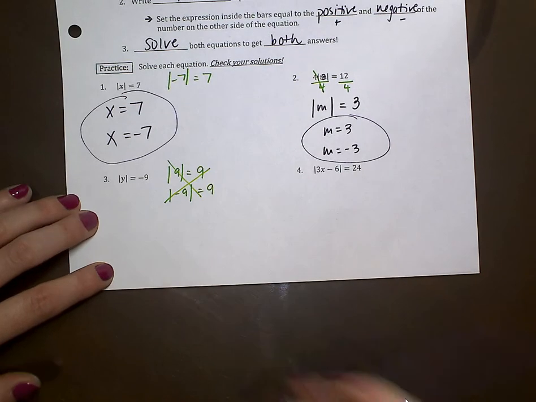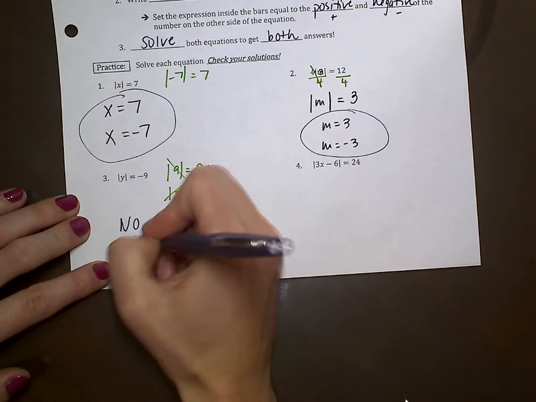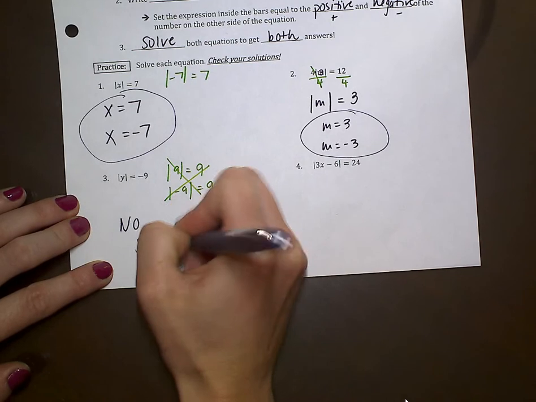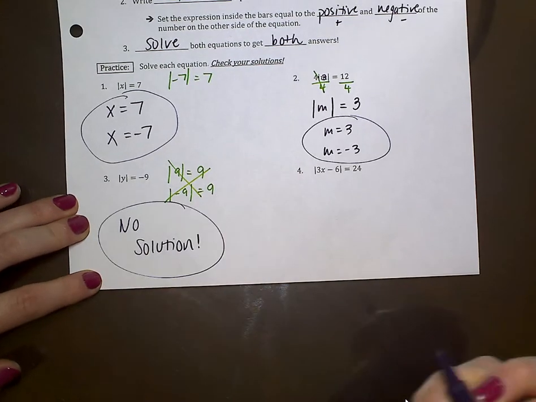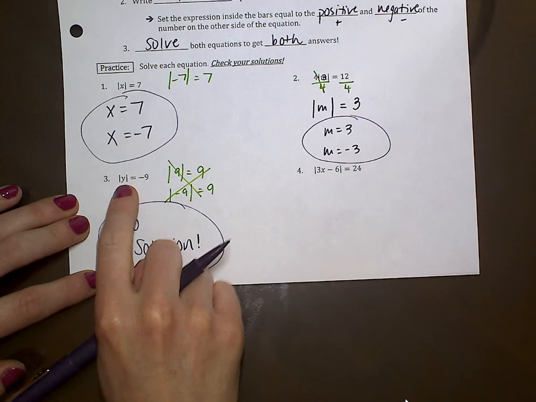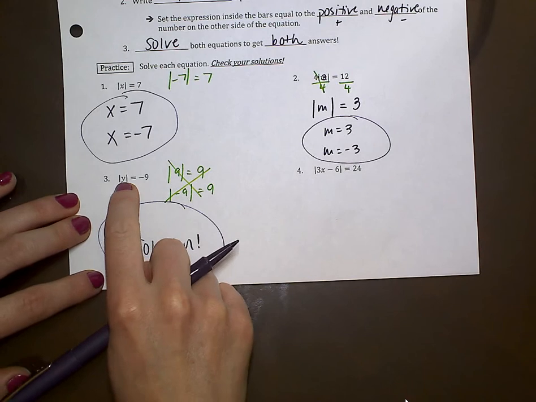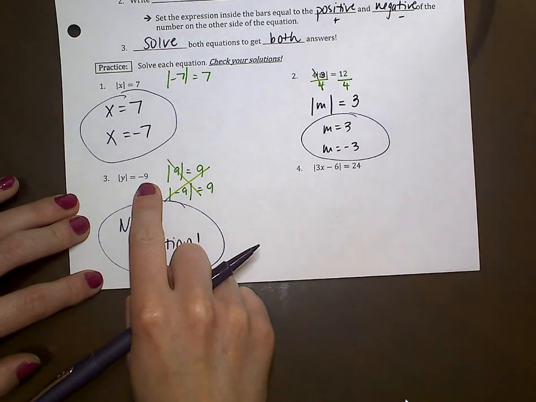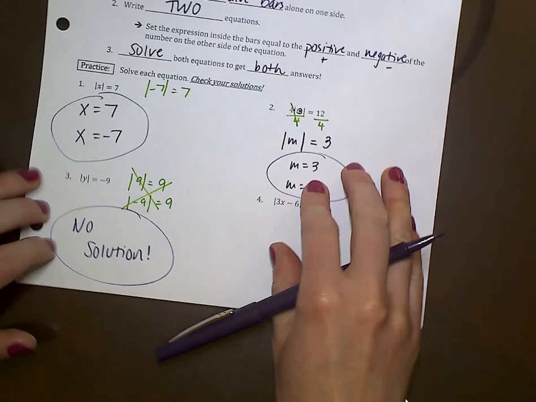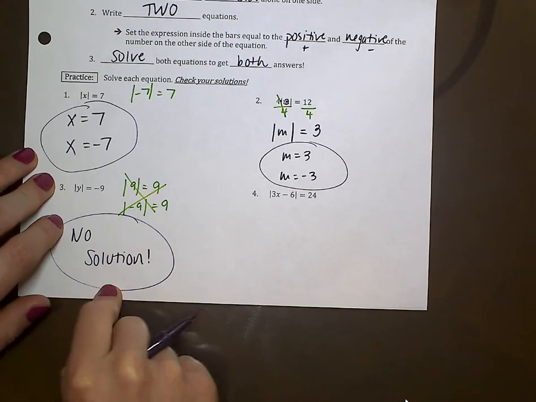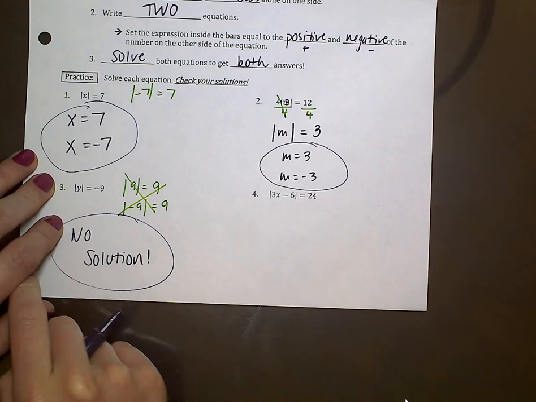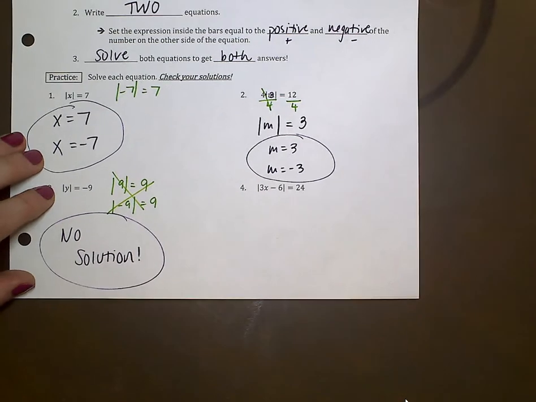So this is a case where there's actually no solution. Absolute value always makes a number positive. So if it's just the absolute value of something, I'm never going to get a negative number. No answer. So realize there are no solution examples within these absolute value problems. So kind of watch out for that.